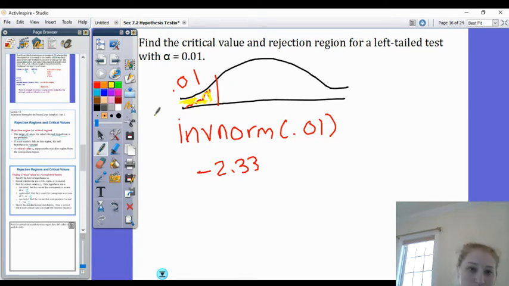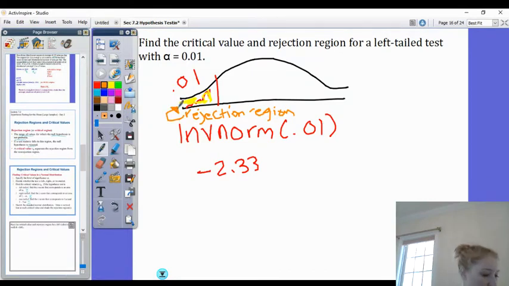Okay, so our rejection region is this part that's shaded in here.